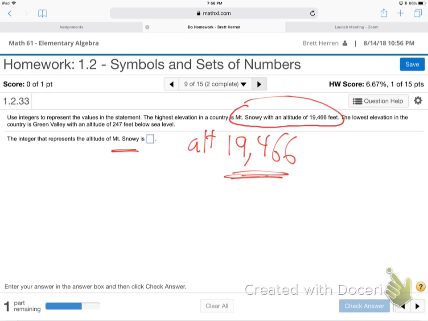Now what if it had been below sea level? That would be negative. This one's positive because it's high up. If they'd asked me for the other one, the Green Valley, altitude 247 below, that would be negative 247, wouldn't it? That's all they're looking for there. Above sea level positive, below sea level negative.